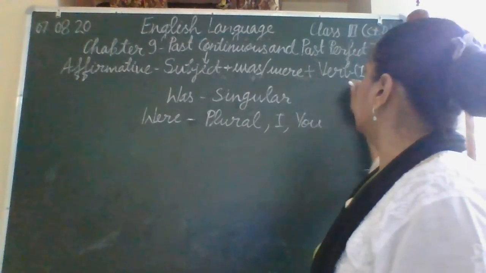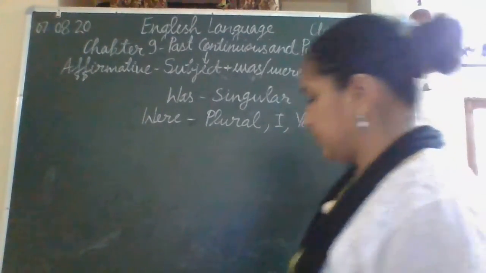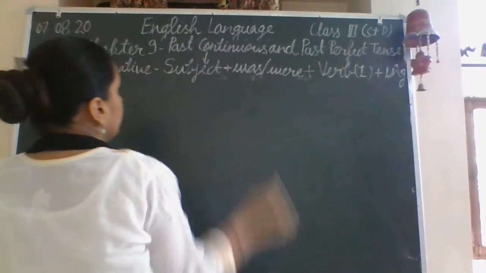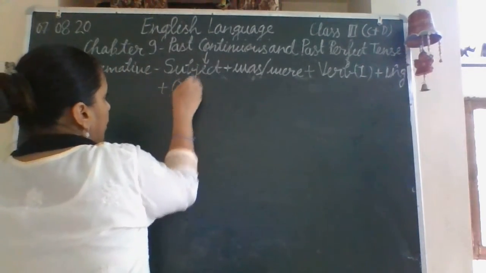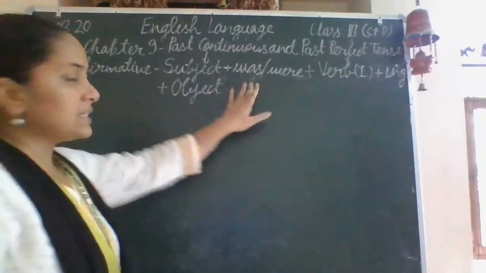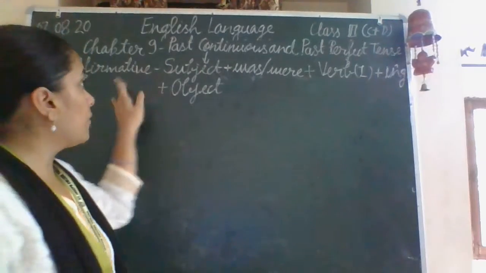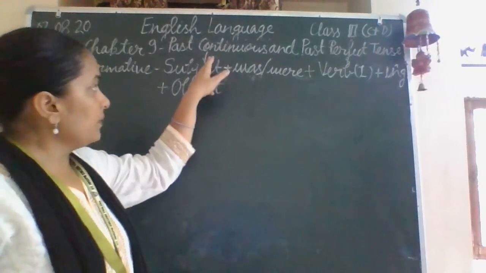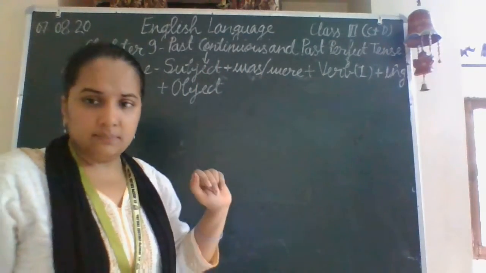Subject, was, verb in ing form, plus object. So this is the structure for the affirmative sentence of the past continuous tense.